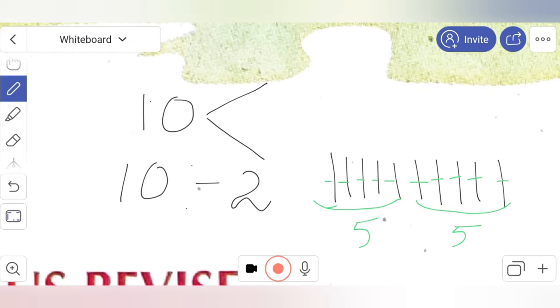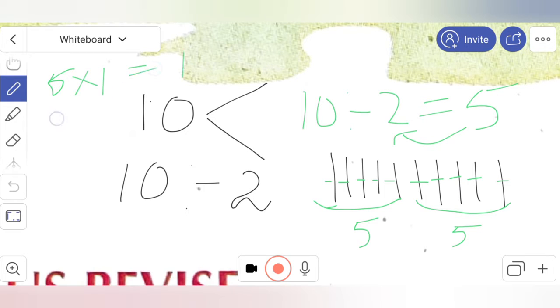So 10 divide 2 is how much now? You have got 5. But do you see one thing, that 5 into 2 is how much? 5 1 ja 5, 5 2 ja 10.